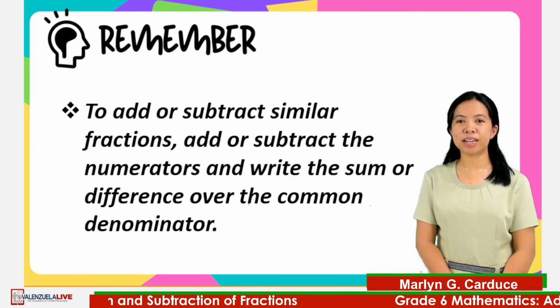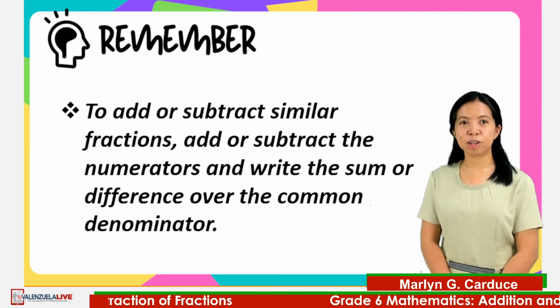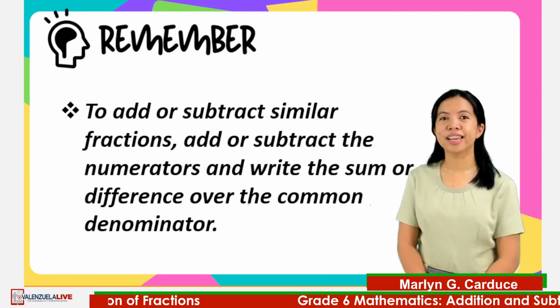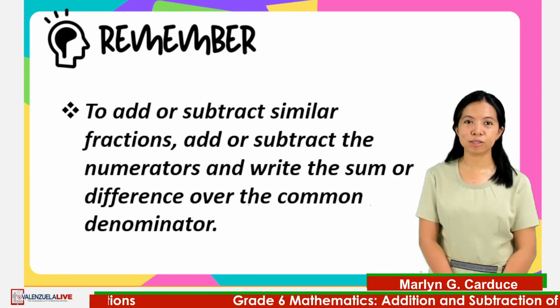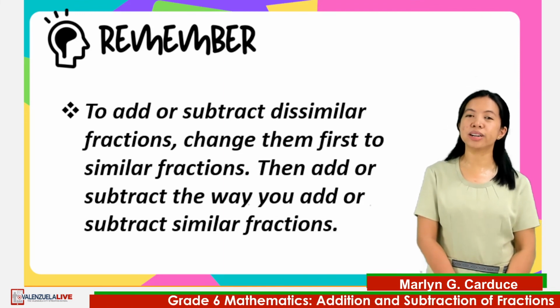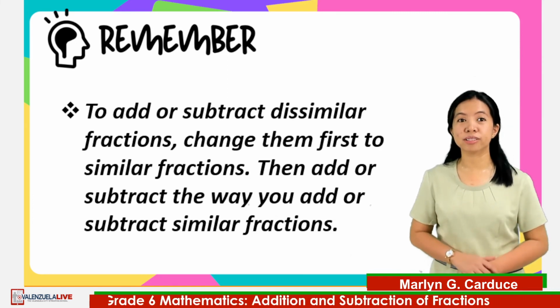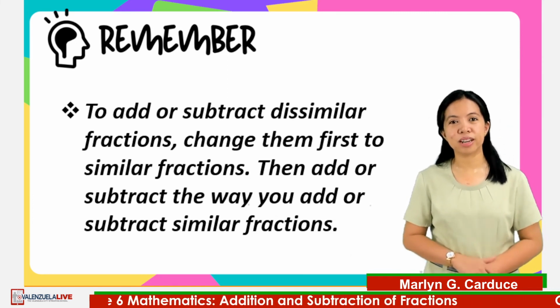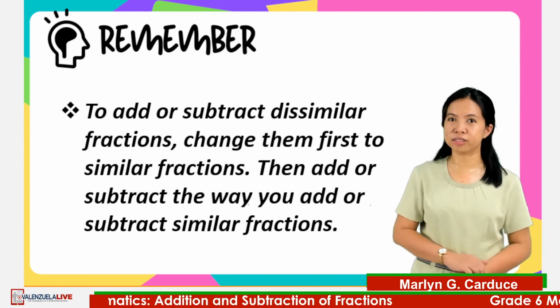So let's wrap up our lesson by simply remembering this. To add or subtract similar fractions, add or subtract the numerators and write the sum or difference over the common denominator. And to add or subtract dissimilar fractions, change them first to similar fractions, then add or subtract the same way you add or subtract similar fractions.